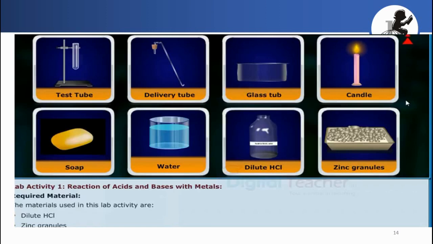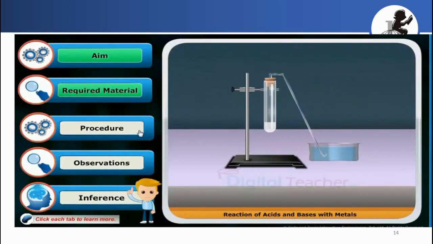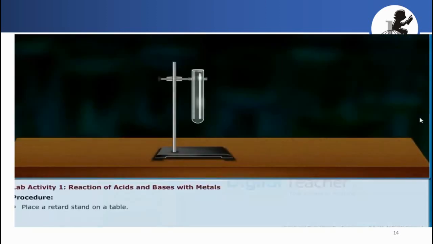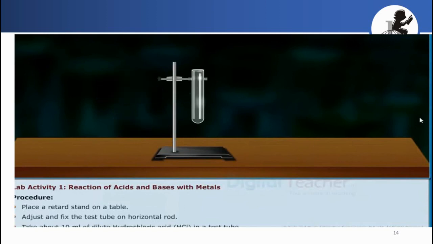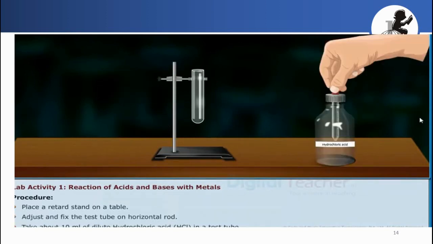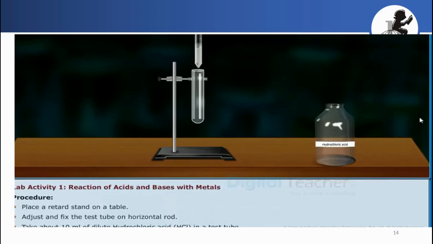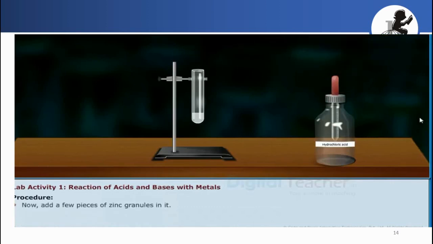Next, procedure. Take an iron stand, fix the test tube vertically to the iron stand and take 2 drops of hydrochloric acid into the test tube.